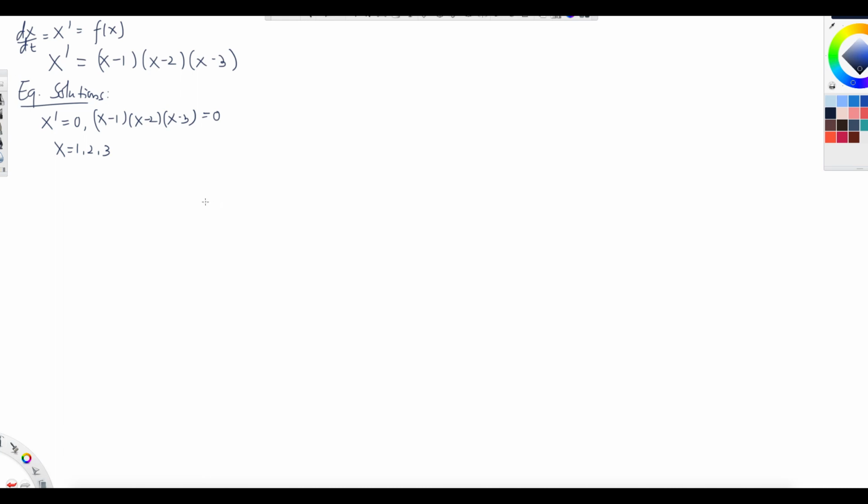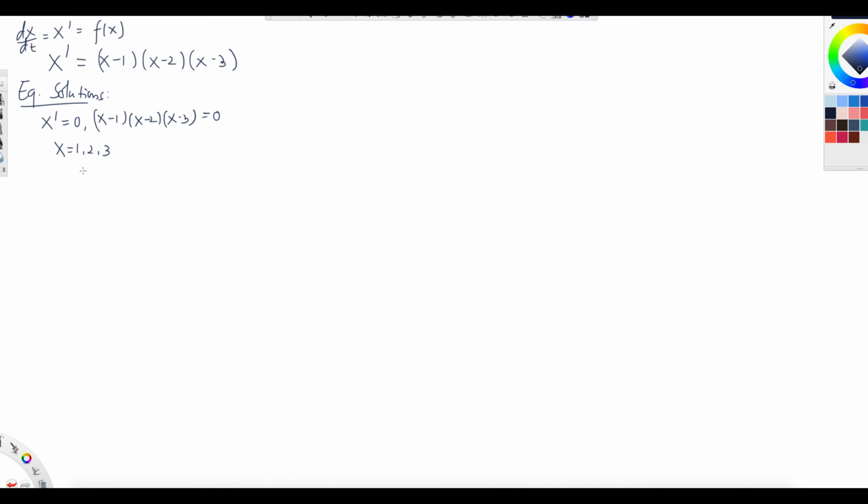So what do we mean by equilibrium solution? Equilibrium solutions are obtained by setting x prime equal to 0. That means for any t, x does not change. x is constant. At these values, x will be a horizontal line for any t.